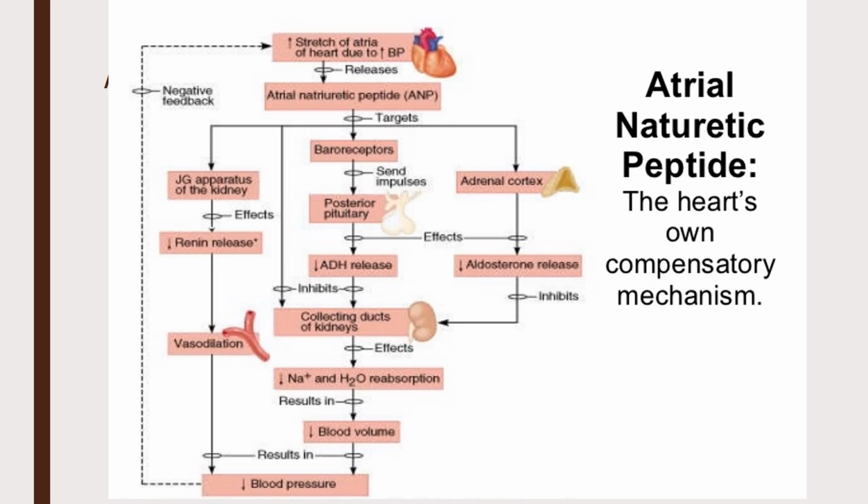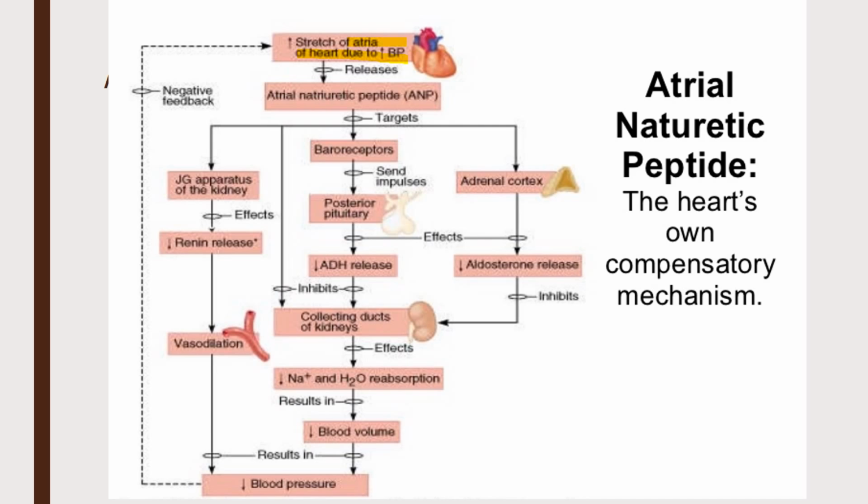All right, this figure, we've seen before when we talked about the cardiovascular system. ANP, atrial natriuretic peptide, is going to inhibit sodium reabsorption, so combating that of the RAS system. It is secreted by the atria of the heart in response to being stretched by sodium retention, okay? This is due to increasing blood pressure, and that's going to activate ANP.